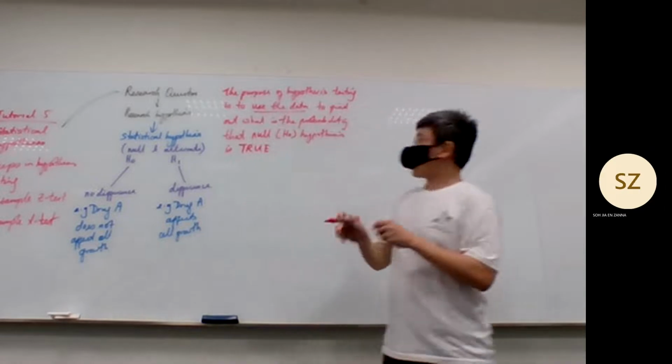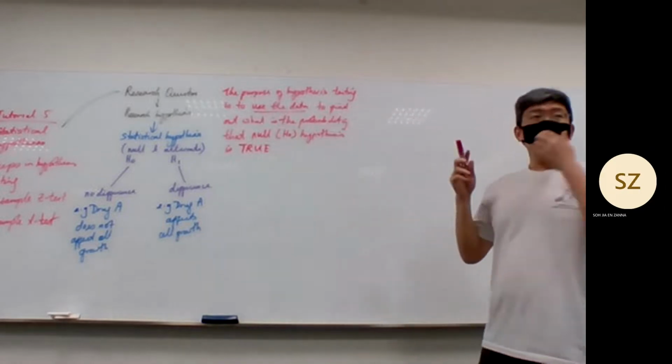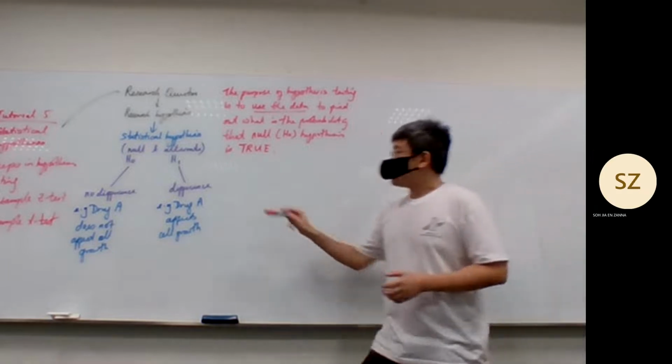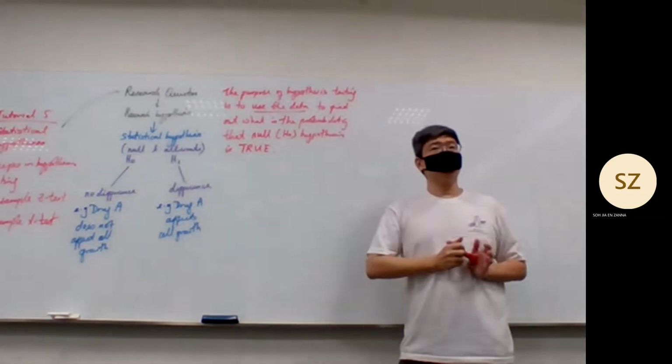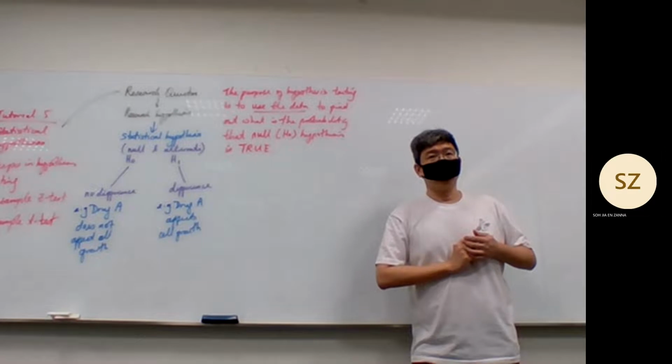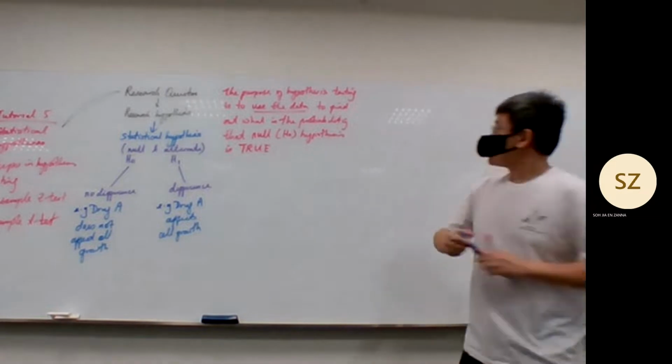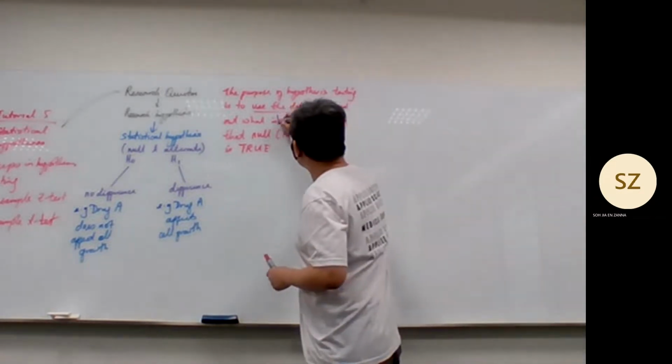So that is the whole purpose of hypothesis testing. It's actually to use your data to find out what is the probability that the null hypothesis is true. You want to find the probability that the null hypothesis is true. This is the important part.